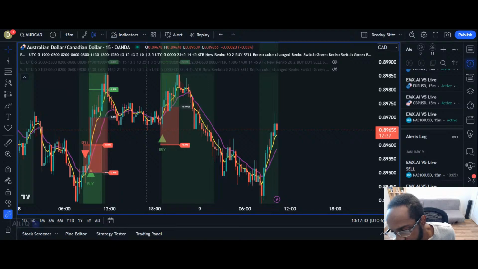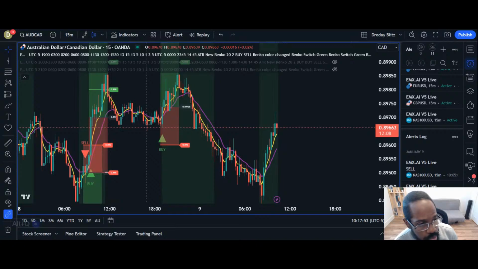So always look at the Forex sessions in the Forex section in the Discord, and just put your sessions the right way based off of the currency. So for this example, we had AUD CAD.